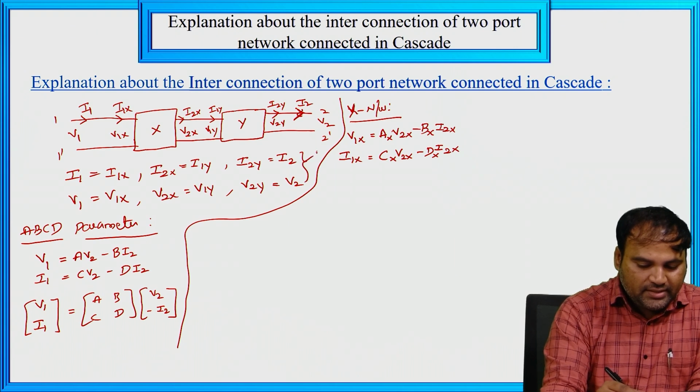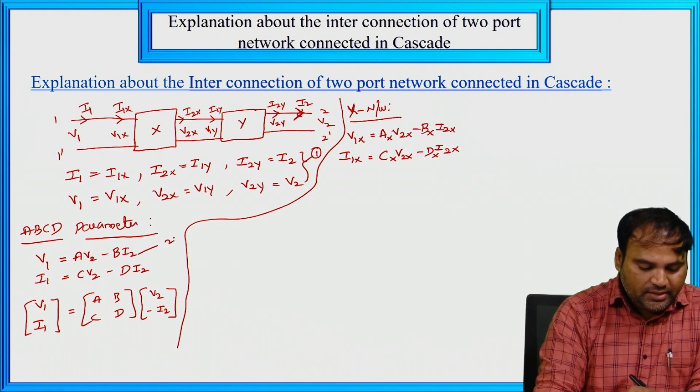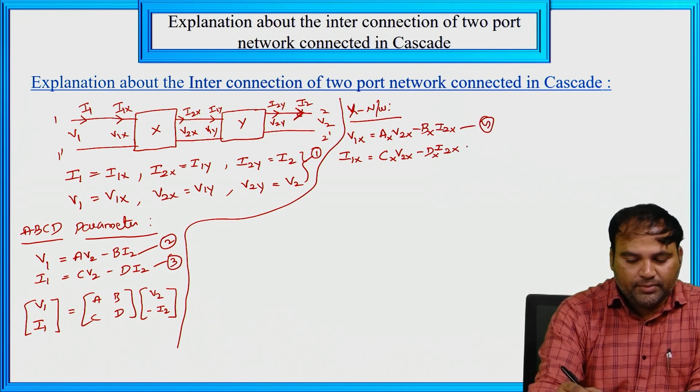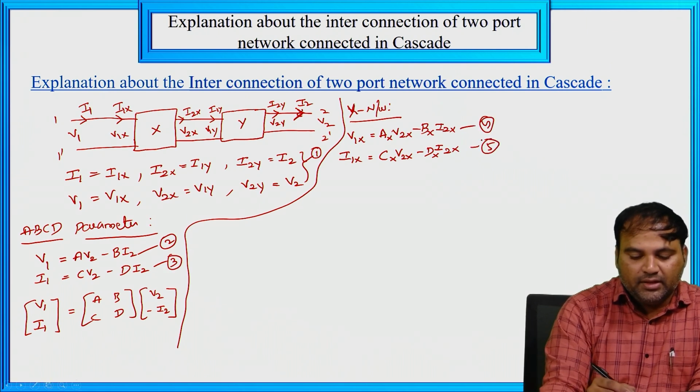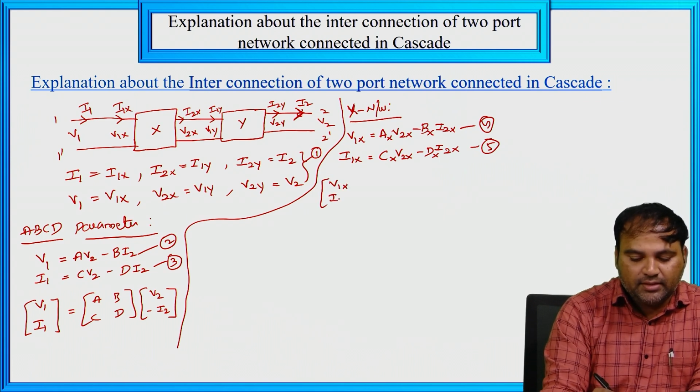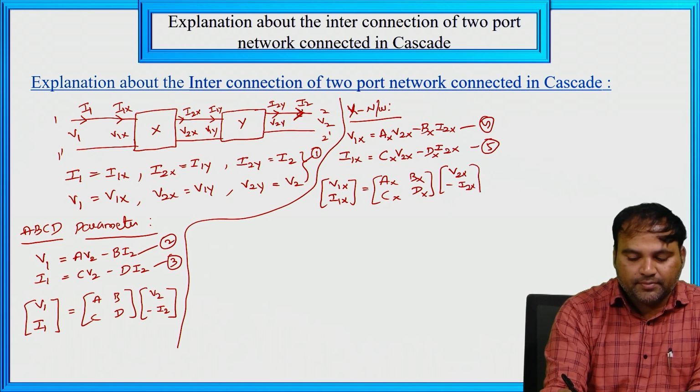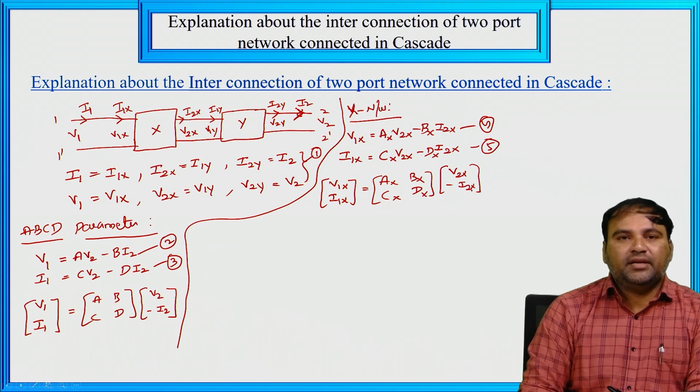Let us take these as equations 1, 2, 3, 4 and 5. Now in matrix form: V1X, I1X equal to the matrix AX, BX, CX and DX into V2X, minus I2X, for the X network equation.